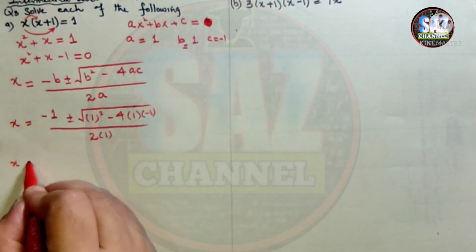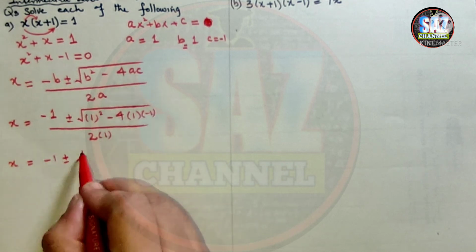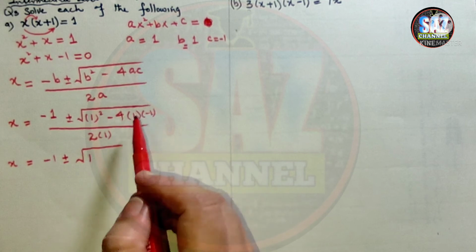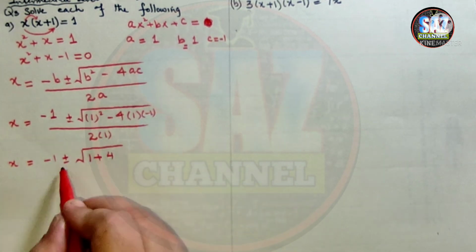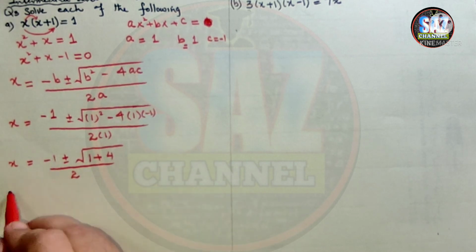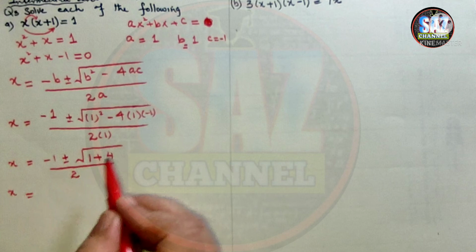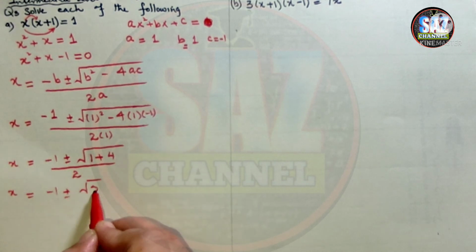This will give me x equals to minus 1 plus minus square root of 1, and minus multiplied by minus is positive, plus 4, upon 2.